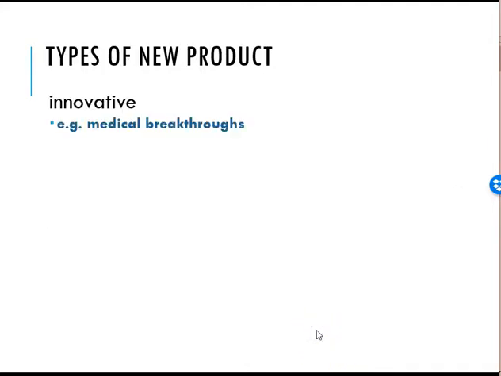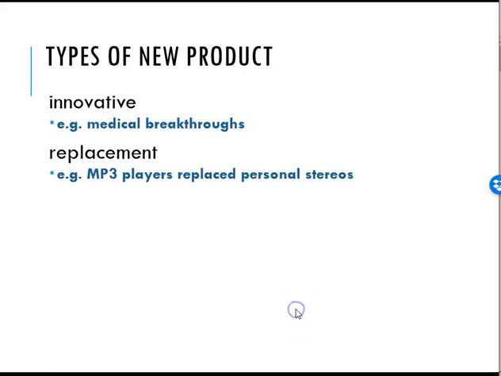Some types of new products that are innovative could be considered things like medical breakthroughs. Replacement products, an example might be MP3 players replaced by personal stereos, or digital music replacing radio and vinyl.